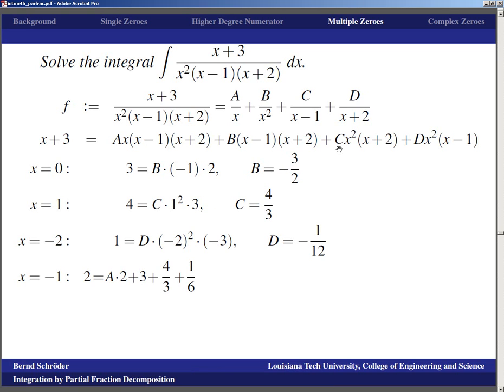I get c times 1 times 1, so that just makes me plug in the c, which is 4/3. And I get d times 1 times negative 2, and negative 2 times negative 1/12 is 1/6.